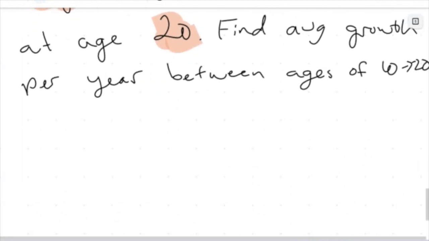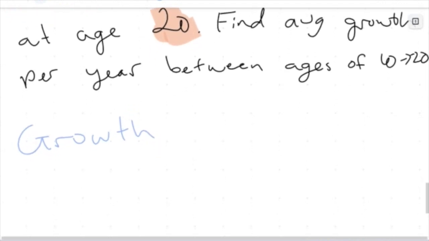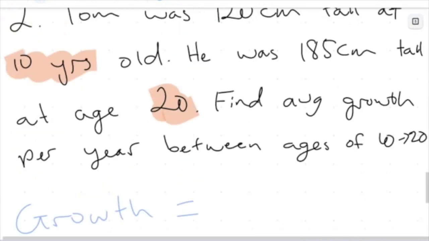So we want to first find his growth. And we're expressing his growth in centimeters. Sorry, I just realized this 2 looks really ugly. Okay, we want to write his growth in centimeters.